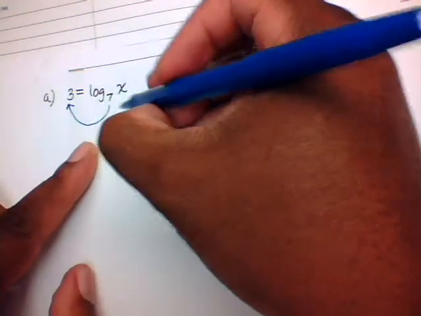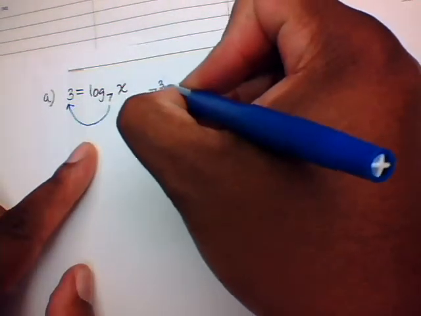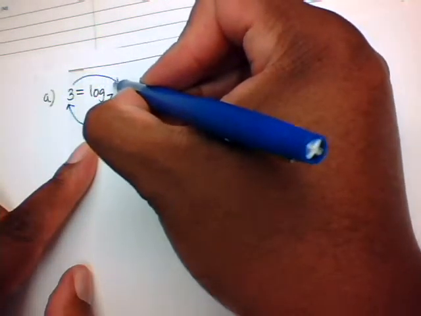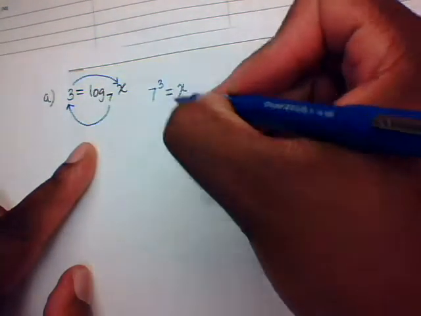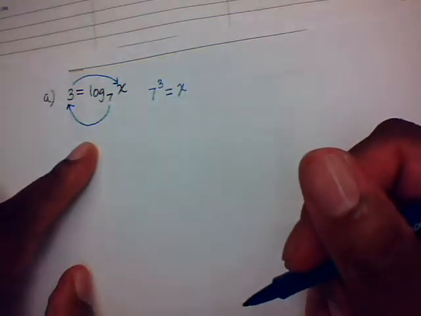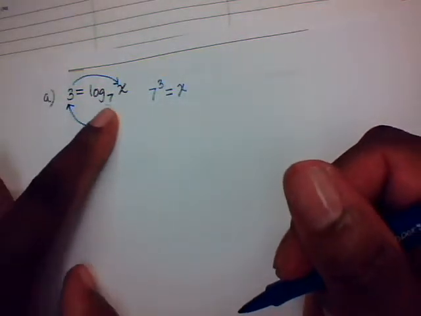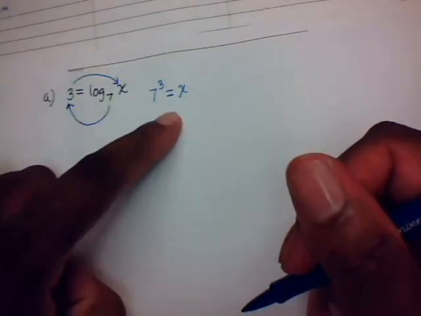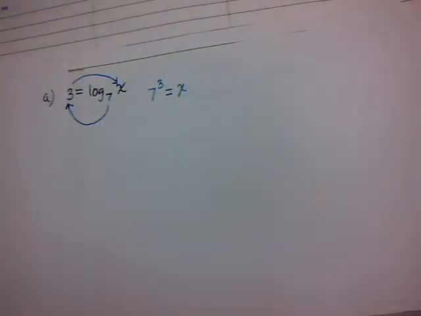So you're going to have 7 to the third, and that's going to be equal to what's immediately after the log, which is x. So this will be 7 to the third equals x. That will be your answer in its equivalent exponential form.